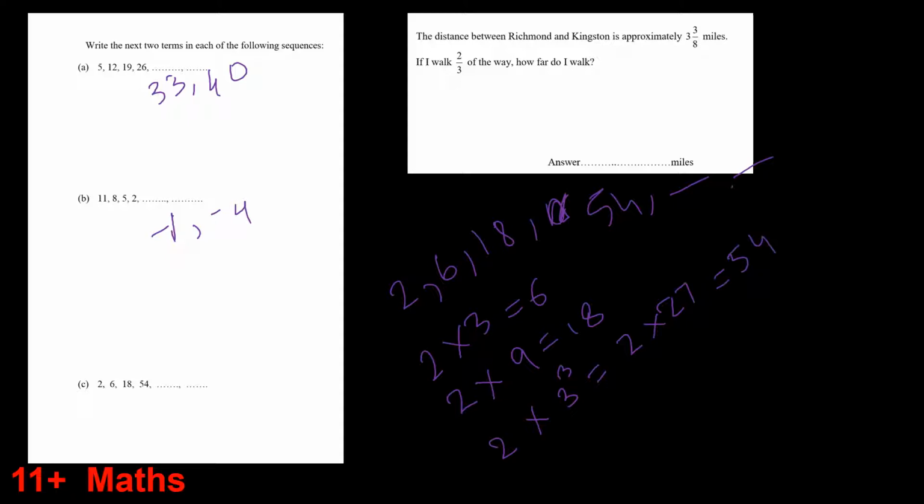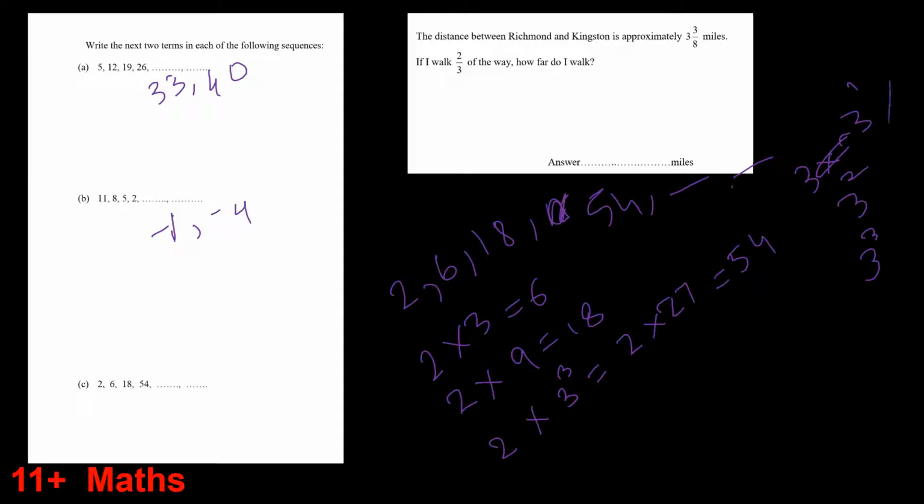So 3 can be written as 3 to the power 1, 3 to the power 2, 3 squared, 3 to the power 3, 3 cubed.